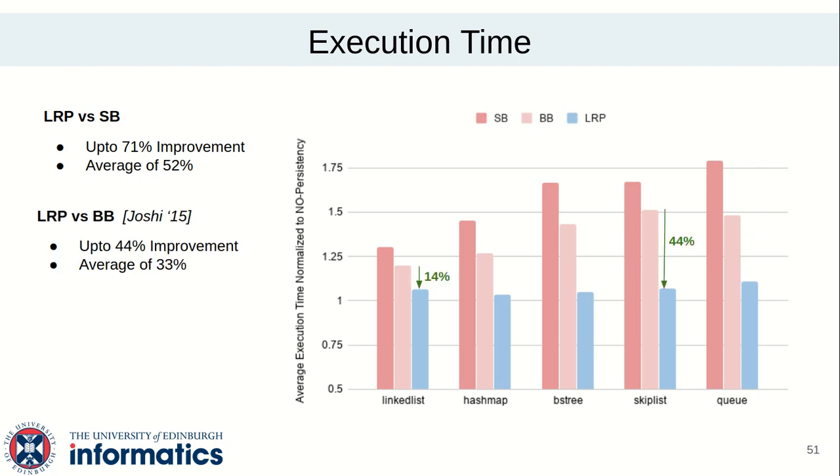In comparison with the buffered two-sided barrier, LRP continues to show up to 44% improvement and an average of 33% improvement. While both LRP and BB are buffered implementations, LRP is better because of its one-sided nature. Finally, it is worth noting that LRP is only 8% slower than the ideal no-persistency comparison point.